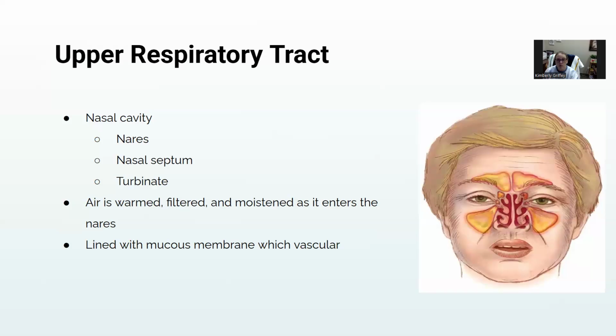So your air is warmed, filtered, and moistened as it enters into your nose. And then those mucous membranes that line the nose are very vascular. So sometimes you'll see little old people, when they try to clean their nose, dig too far and burst one of those little vessels and get a nosebleed.